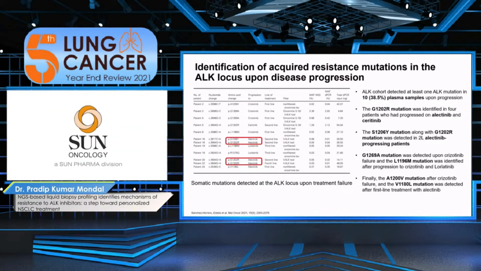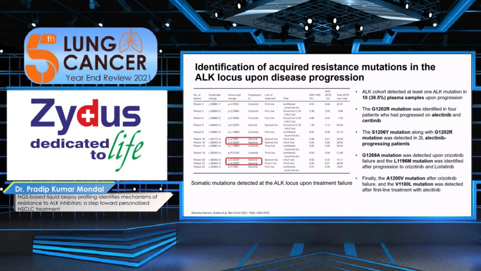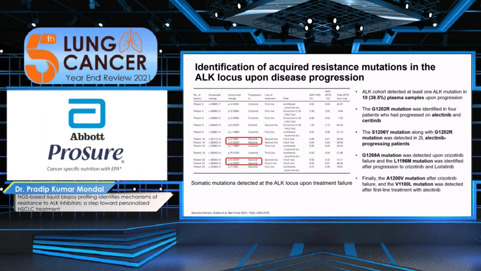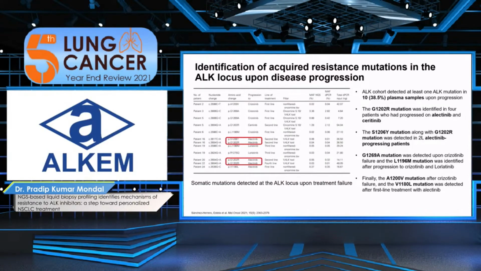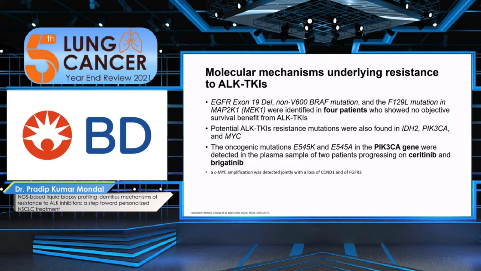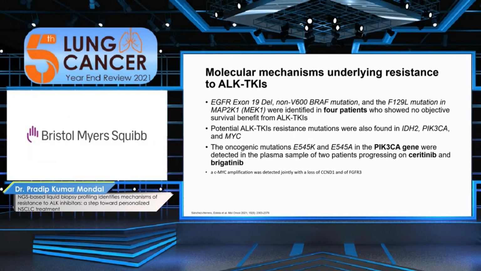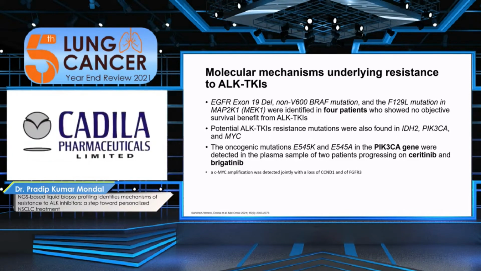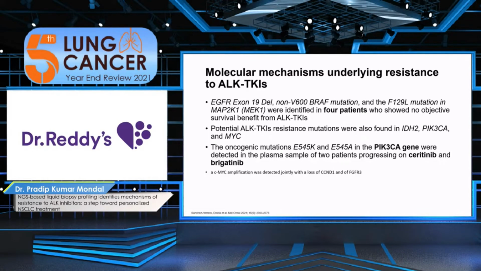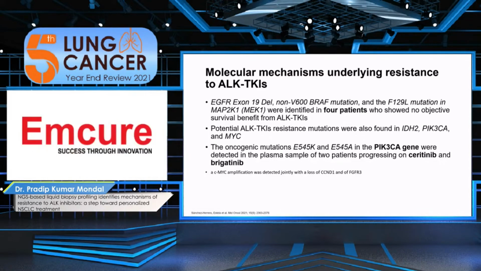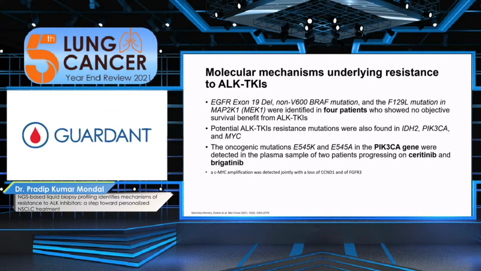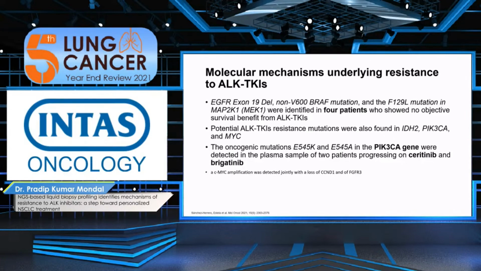So, somatic mutations were detected at the ALK locus upon treatment failure. These are the different mutations detected after progression on first-line or second-line ALK TKI. Now, molecular mechanisms underlying the resistance to ALK TKI: EGFR exon 19 deletion, non-V600 BRAF mutations, and the F129L mutation in MAP2K1, that is MEK1, were identified in 4 patients who showed no objective survival benefit to ALK TKIs. Potential resistance mutations were also found in IDH2, PIK3CA, and MYC.